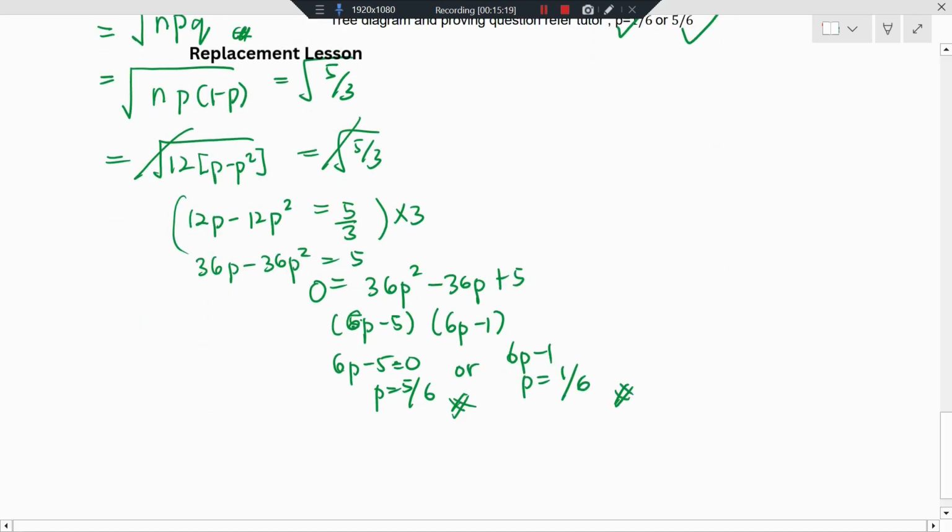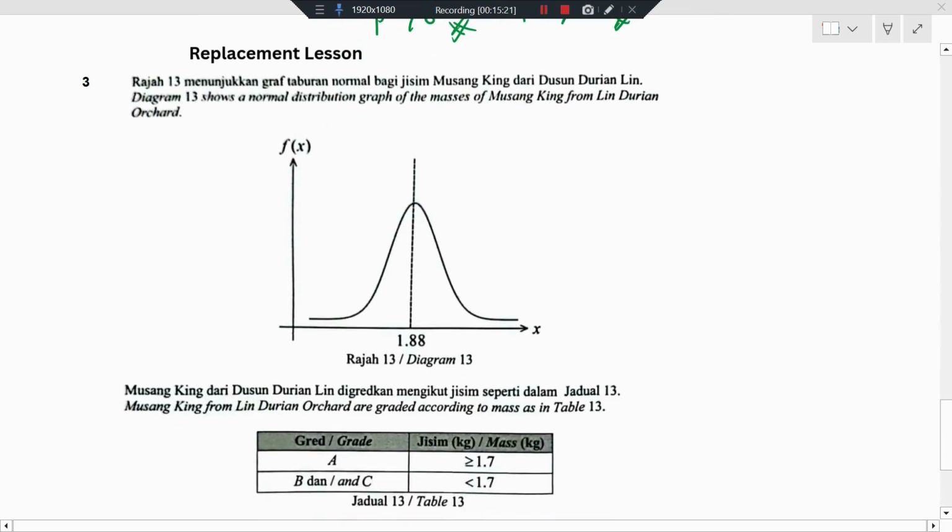Okay, let's move on to question number 3. Question number 3, we got normal distribution. Okay, don't worry, we can do this. Normal distribution is not difficult. You just need practice. Don't just do it with me and then not do anything on your own, because then you can't expect to do it in your exam.